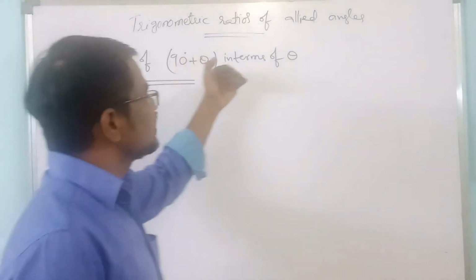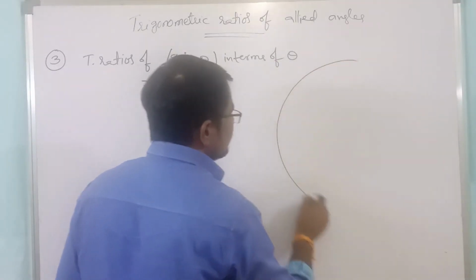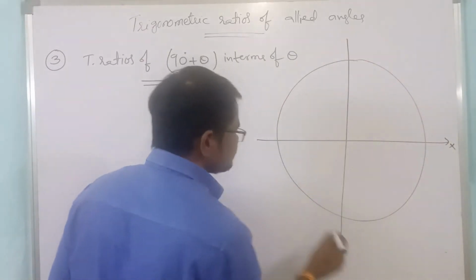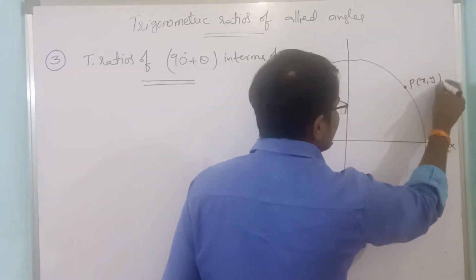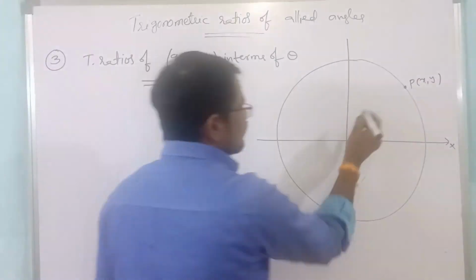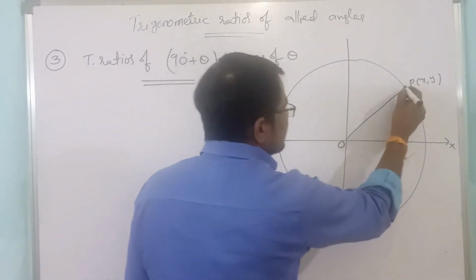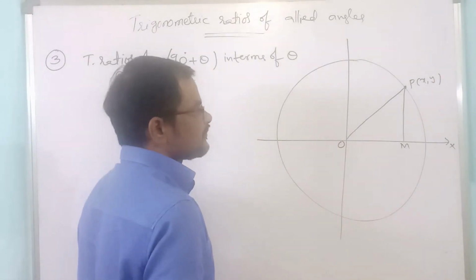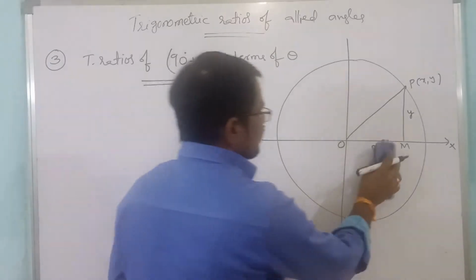Now see the next one: trigonometric ratios of 90 plus theta, how to write in terms of theta. For this also, take a circle whose center is origin and radius is r. Take one point P (x, y) on the circle. So OP is radius. Draw PM perpendicular to the x-axis. Now this is y and this is x.